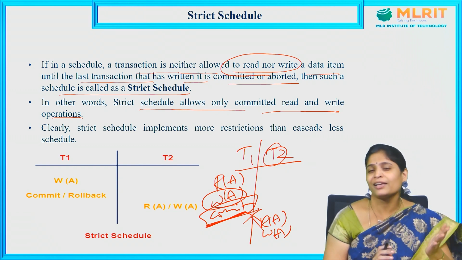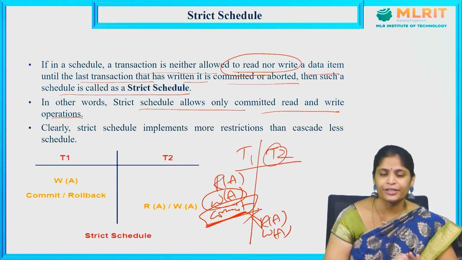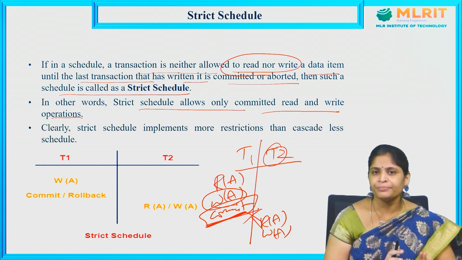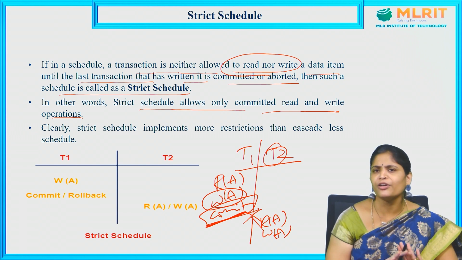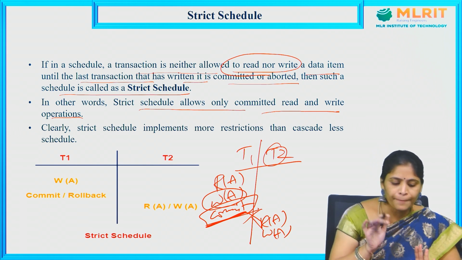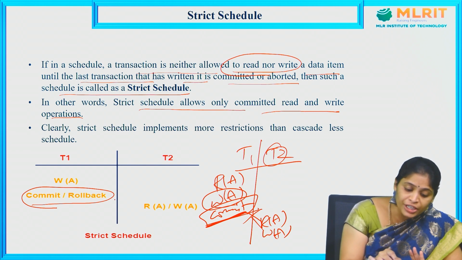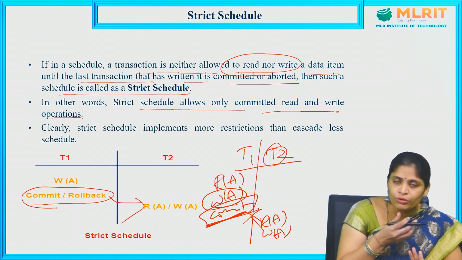But cascadeless schedule will allow writing. It will just restrict reading, but it will allow the write operation. But here strictly neither read nor write is allowed. So after committing only, the transaction T2 will be able to read that value.